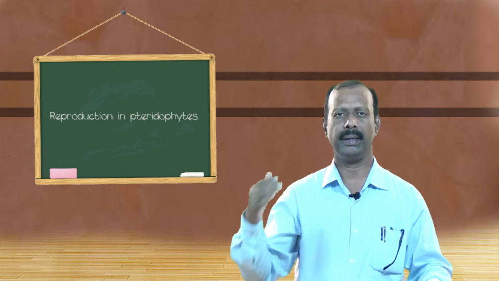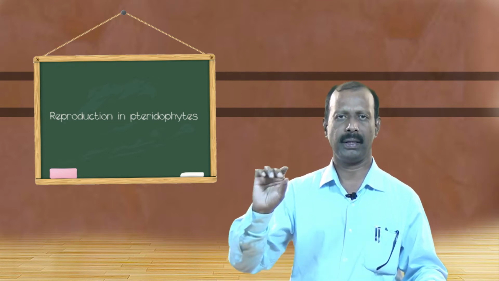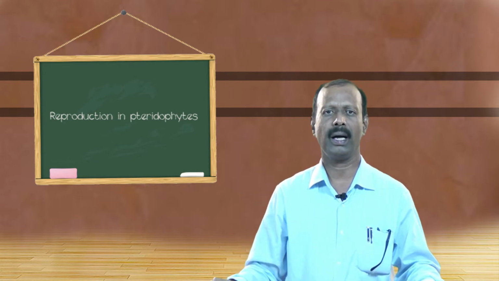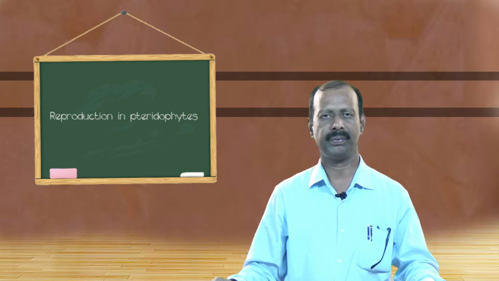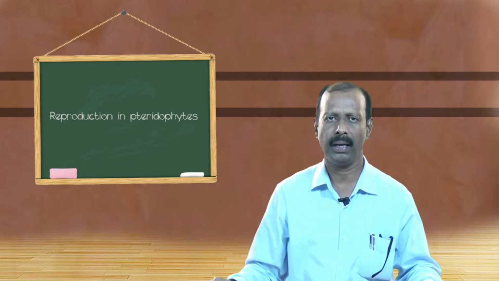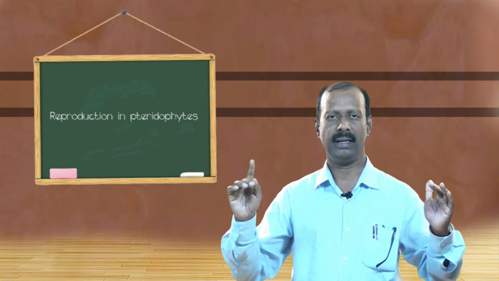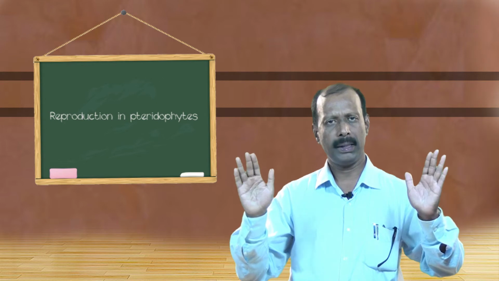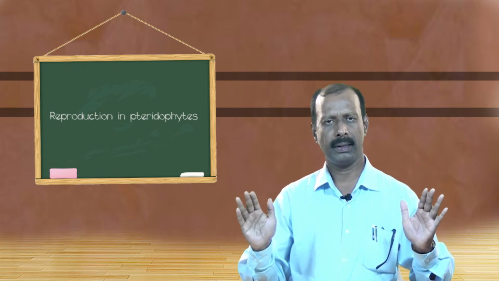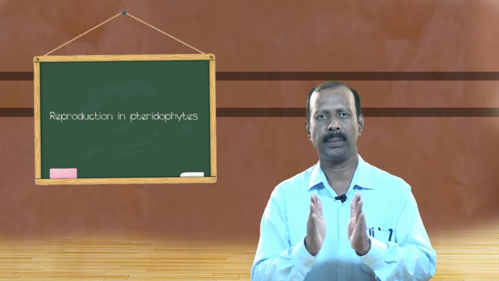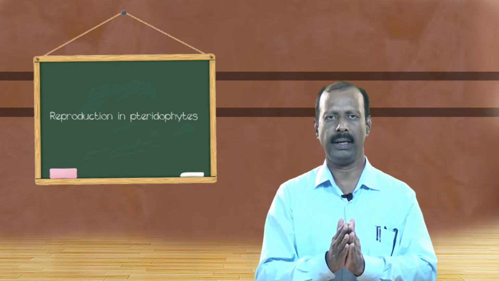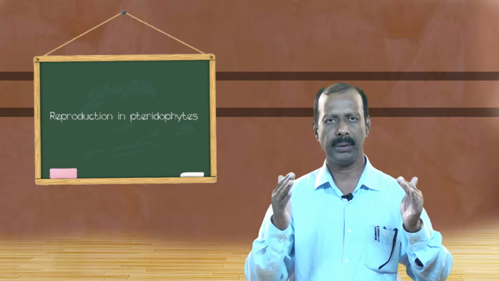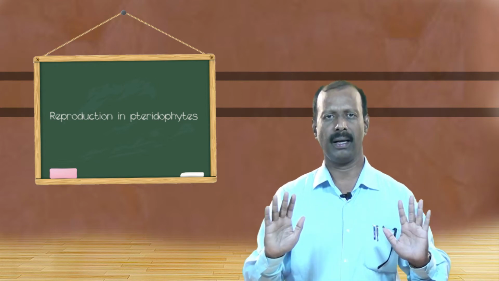The consequent divisions result in the formation of a very small multicellular prothallus or gametophyte, which is usually cordate, or heart-shaped, in outline. In the majority of the ferns, only one type of spore is produced. The condition is said to be homosporous. All the spores produced within the sporangia are alike.